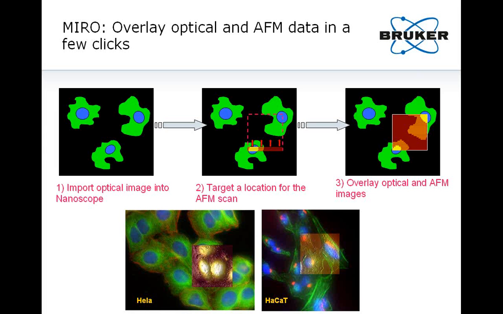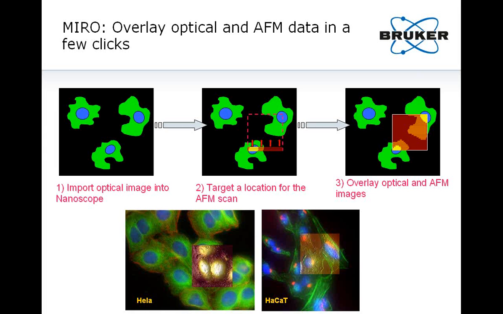Those two drugs were latrunculin and nocodazole, and we used MIRO to select the best locations where to perform the force curves. We could see that when destroying the tubulin cytoskeleton, the cell stiffness was changed by about 10 to 20%, whereas when destroying the actin cytoskeleton, there was a dramatic change in elasticity, a softening of about 50 or 60%, if I remember correctly.